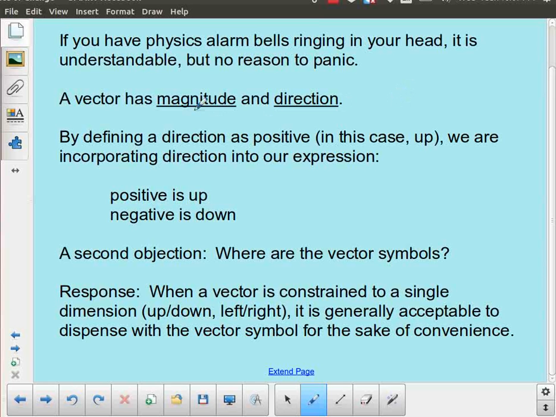And the problem with it is the idea of a vector having magnitude and direction. And this concept is something we're going to be covering in this course regardless of whether or not you've seen it in physics before.